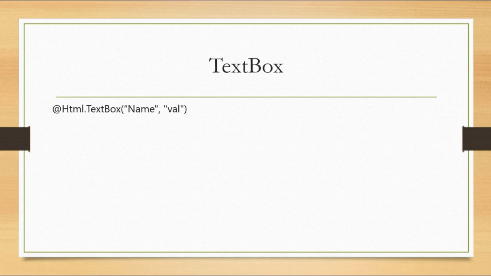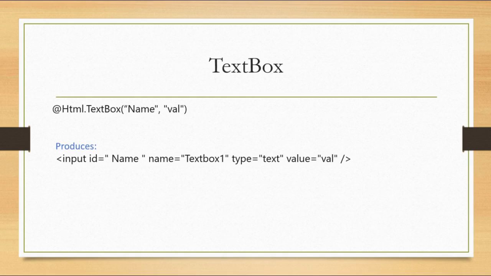TextBox is the extension method, and this will render an input control in HTML. So the ID is name, the name is textbox1. Actually, that's a mistake. The name should be name as well. Type is text, and the value is val, V-A-L.